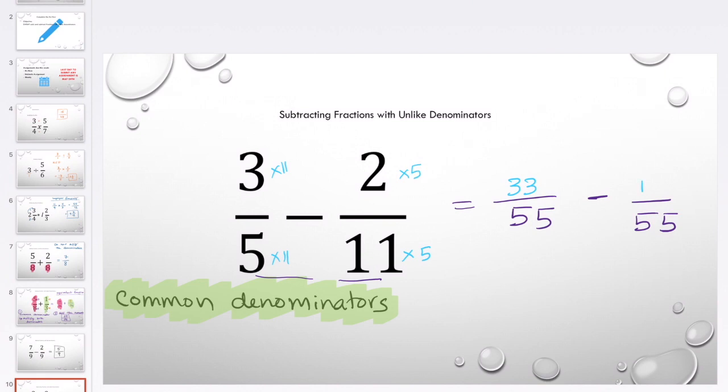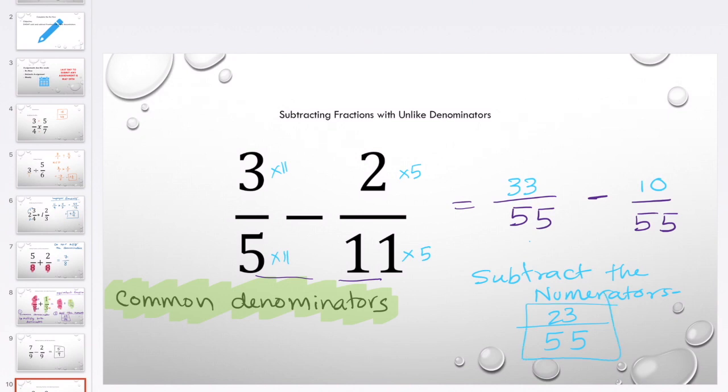It's going to be 55 and 10. Now, same denominator, I can subtract. What am I subtracting? The numerators. So what will I get? 55 remains the same, nothing happens to the denominator. 33 minus 10 is 23, and that's the final answer.